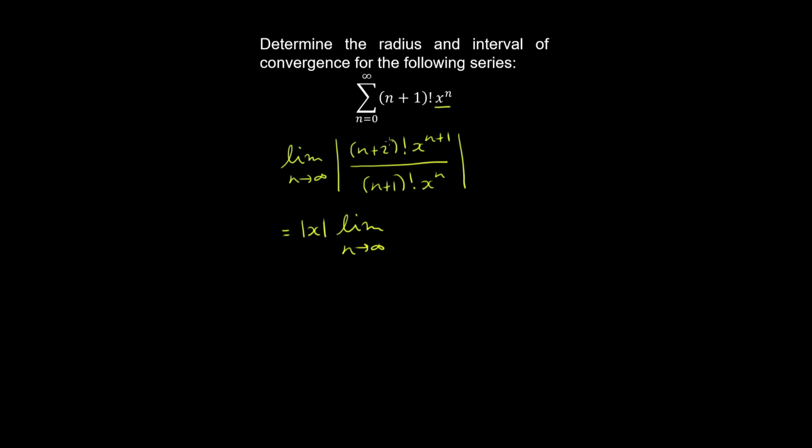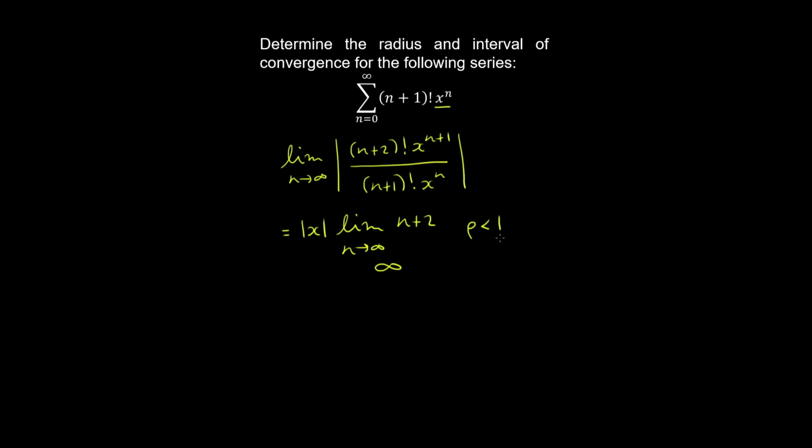So with these factorials, only n plus 2 is not going to cancel, and all the other terms are going to cancel. So therefore this limit is unbounded, and recall that for the ratio test, rho must be less than 1 for the series to converge.